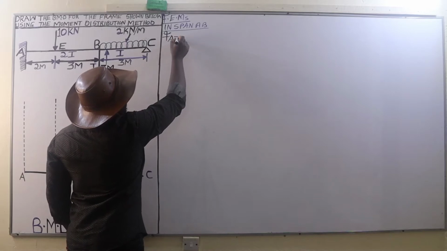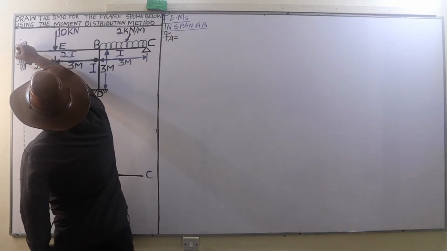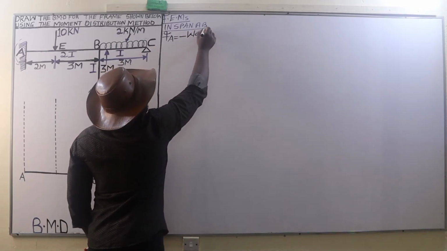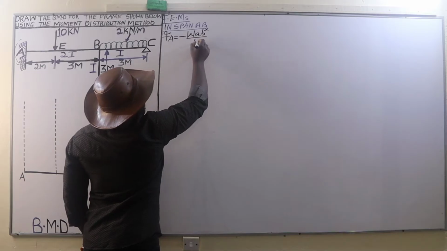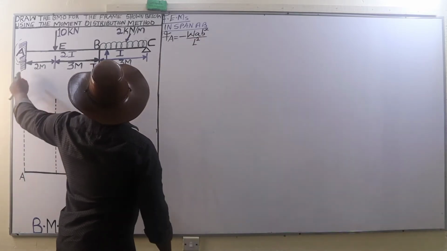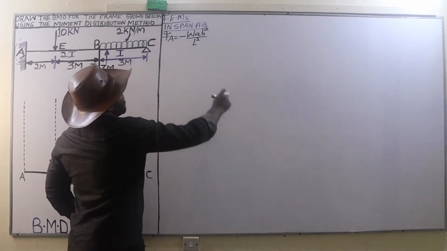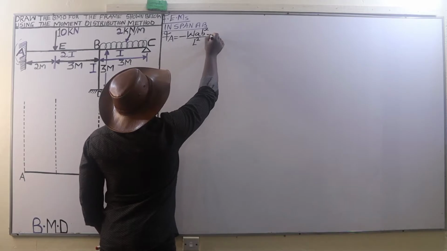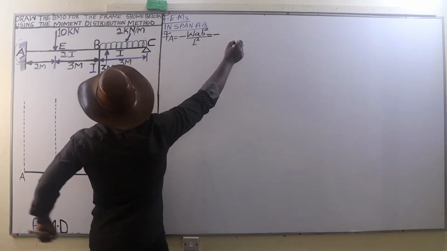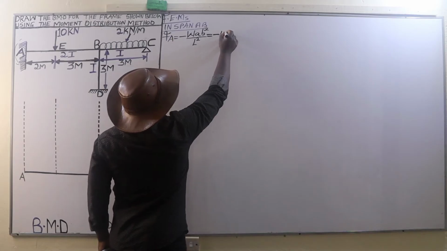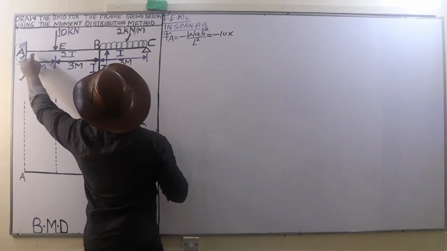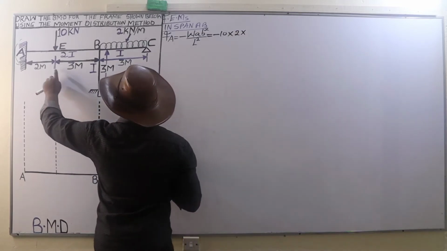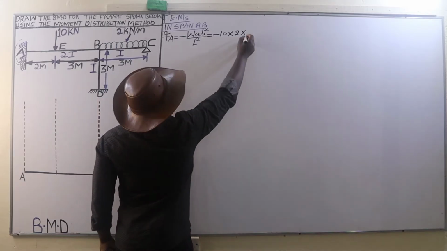is an anti-clockwise moment, so it is going to be given by negative W A B squared divided by L squared, since the span is loaded with a point load, and that's the formula. So this is going to be equal to negative W, 10 kilonewtons, so negative 10 multiplied by A, the distance from A to E, which is 2 meters, multiplied by B, the distance from E to B, which is 3.